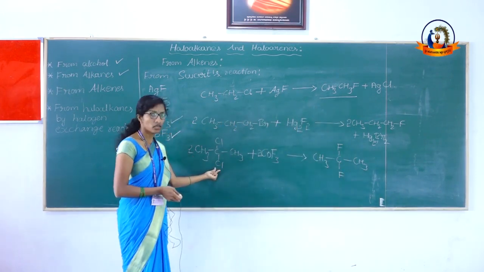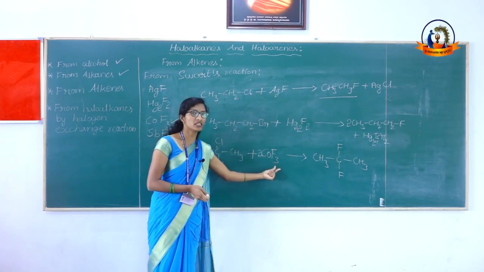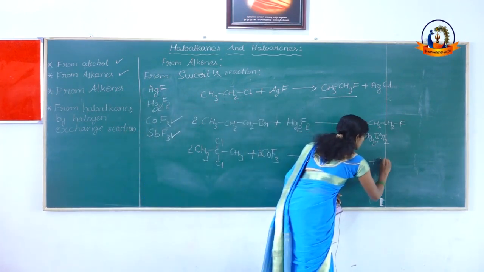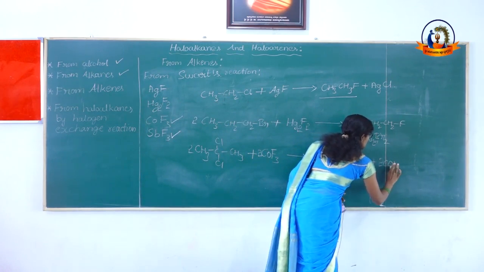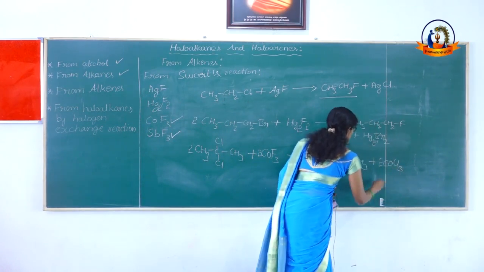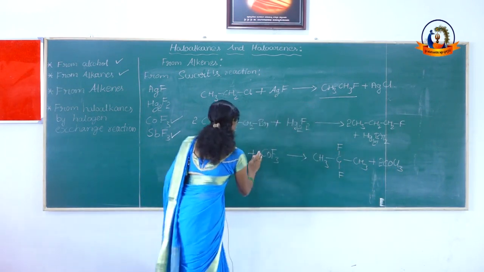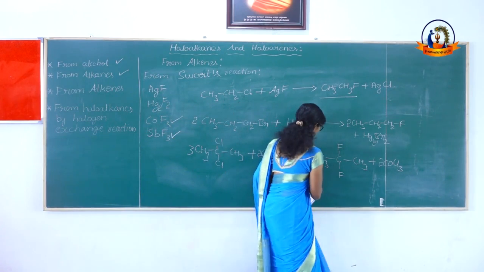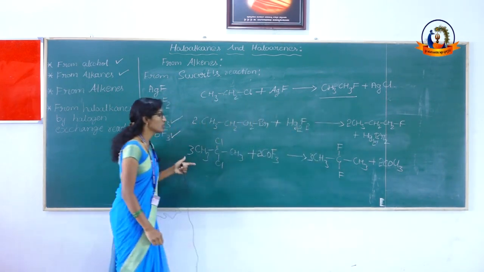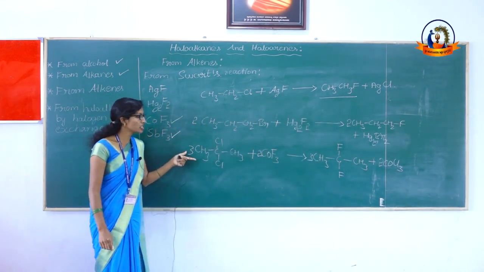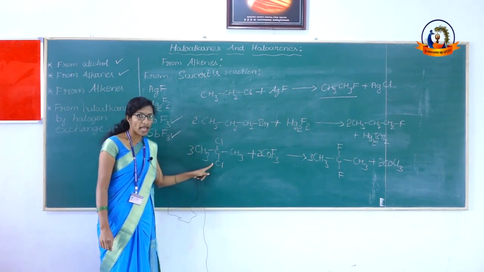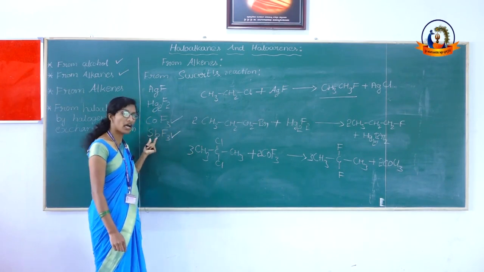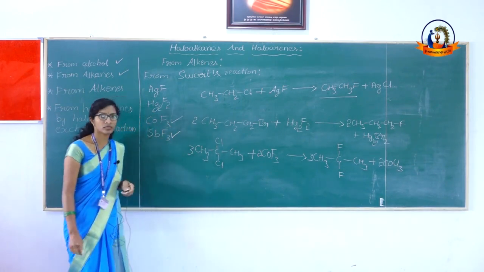These chloro halogens are replaced by the fluoro halogen and it gives the product. If we replace 2 or more halogens by fluorine, we need to use cobalt fluoride or antimony fluoride.